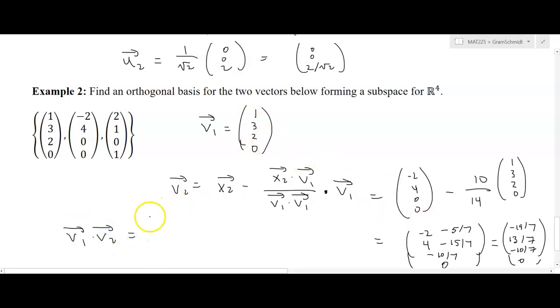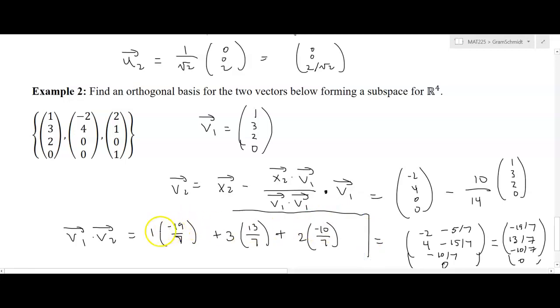So I'll have 1 times negative 19/7 plus 3 times 13/7 plus 2 times negative 10/7 plus 0 times 0, but that's going to be 0. So we have negative 19, here we have 39, here we have negative 20. So we have negative 39 plus 39 is 0, and that does in fact work out.